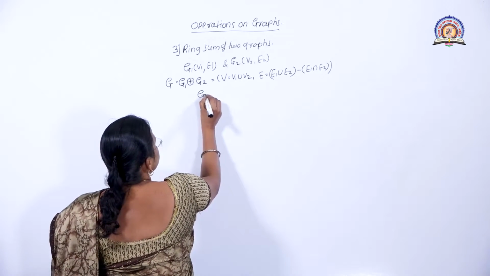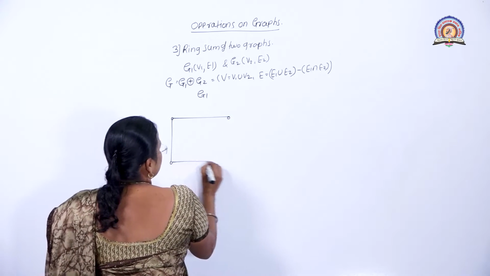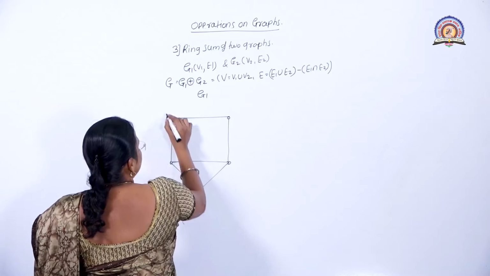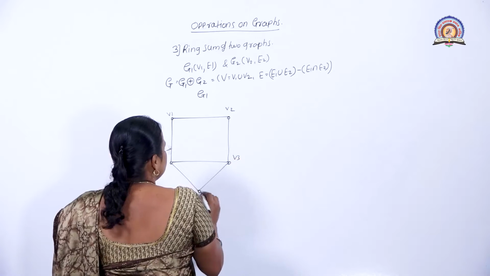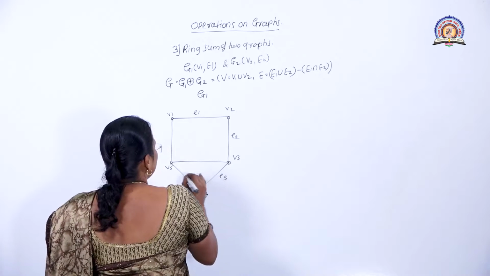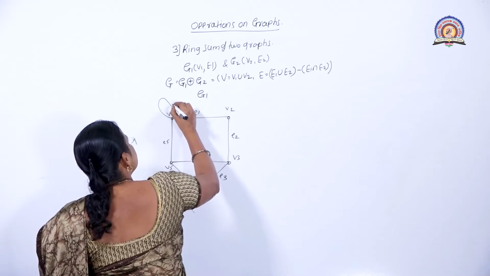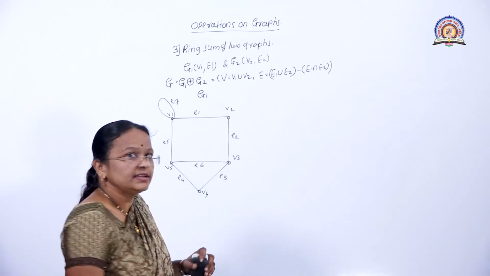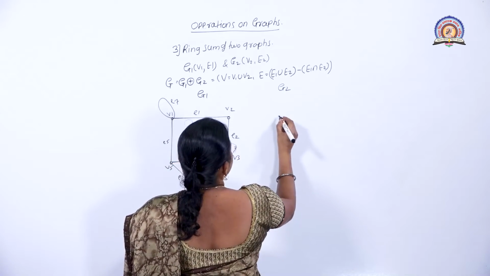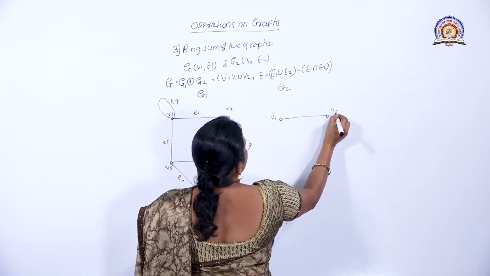Now, for example, suppose our graph G1 is like this: vertices V1, V2, V3, V4 and edges E1, E2, E3, E4, E5, E6, E7. Now we consider another graph G2, which is like this, with vertices V1, V2.